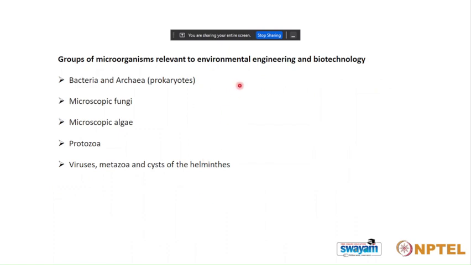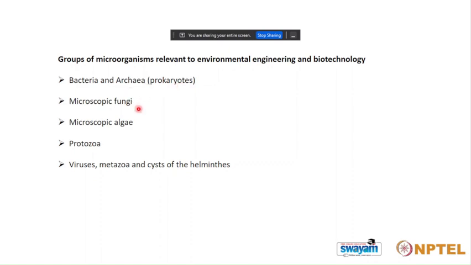So majorly microorganisms can be classified into bacteria and archaea. These groups of organisms come under the class of prokaryotes. Prokaryotes means the nucleus is not well defined and is not membrane bound. So those organisms are classified as prokaryotes, and bacteria and archaea come under the class of prokaryotes.